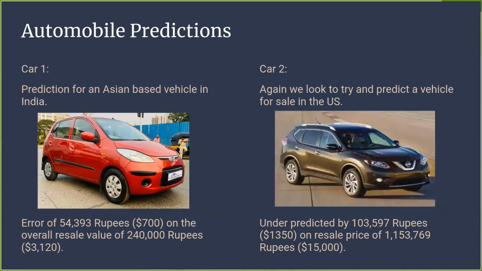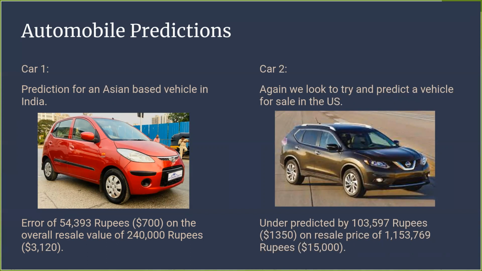For automobiles, we ran a similar experiment where we predicted a vehicle in India and a vehicle in the US. For the vehicle in India, we had an error of about 700 USD on a vehicle price of 3,000 USD. Again, bigger error than the motorcycle, but nothing too terrible. This doesn't seem to be a high bias region necessarily.